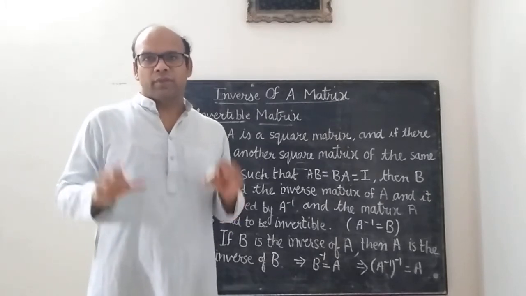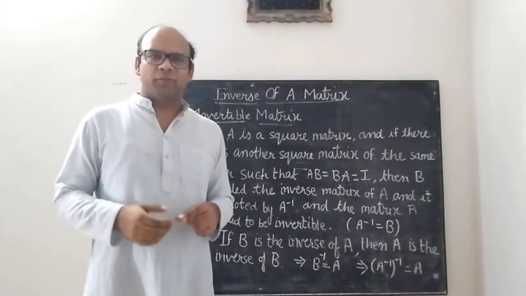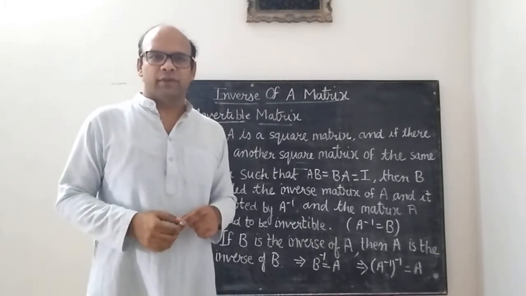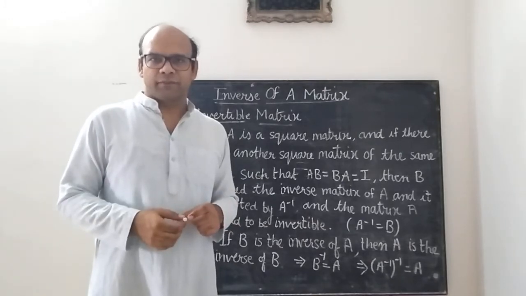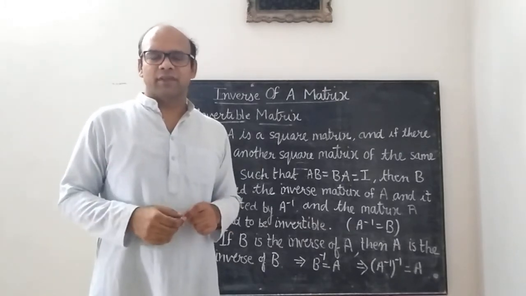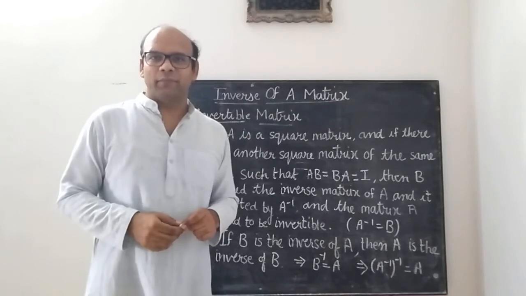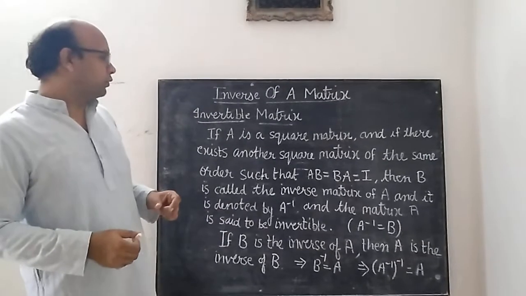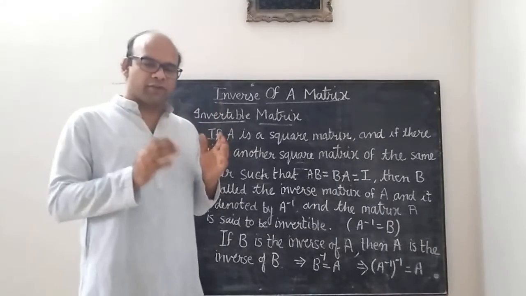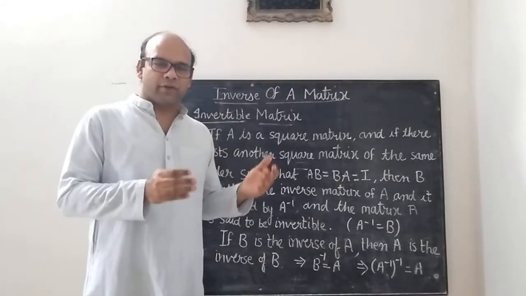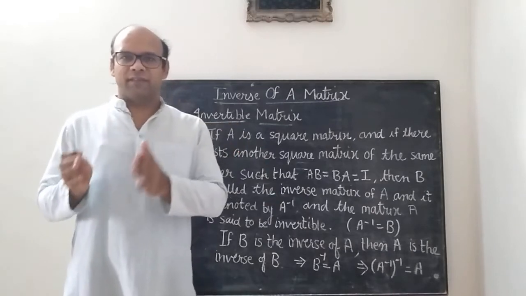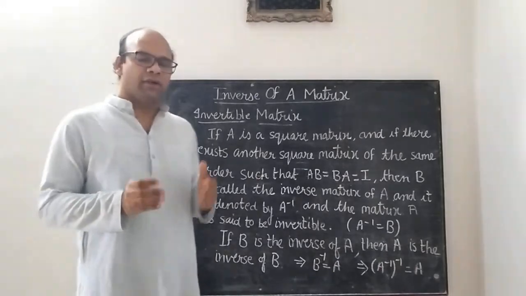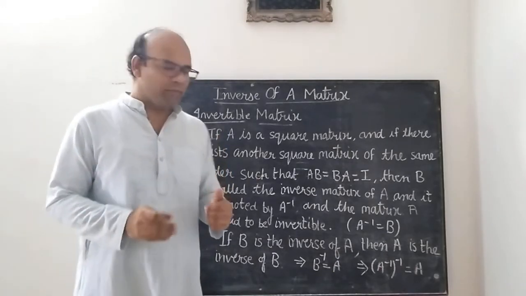We know that matrix multiplication is a binary operation on the set of all the square matrices, and the identity matrix is the identity element for matrix multiplication. So we talk about the inverse of a matrix in the same context and we say AB is equal to I is equal to BA. So that is the basic definition of an invertible matrix.